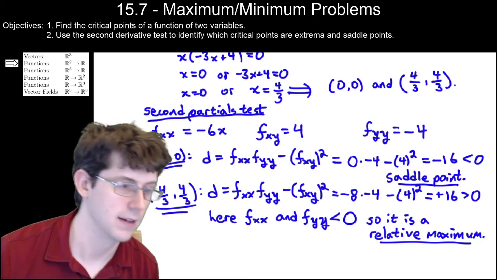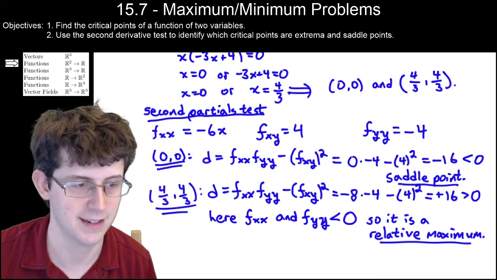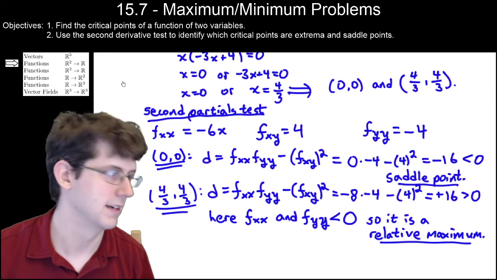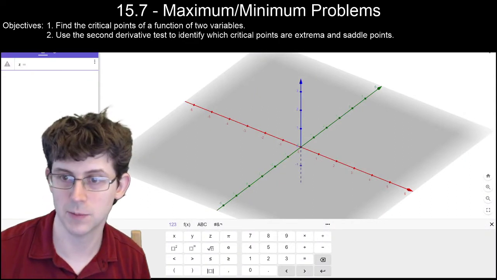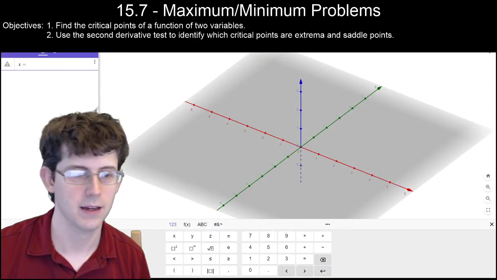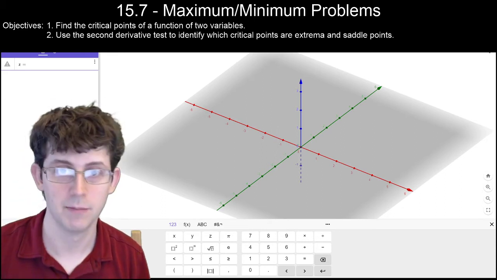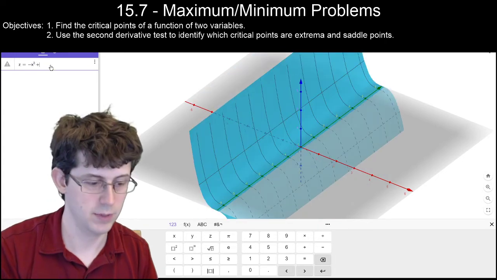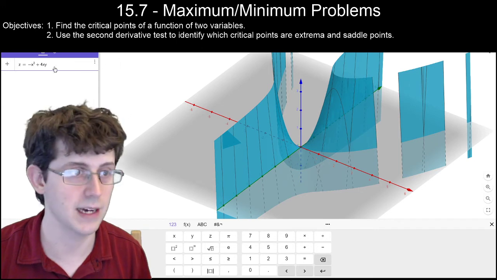Because we live in a world where we can just get a nice picture of the surface, let's use that fact. So I'm back on geogebra.org/3D. The surface was z equals -x cubed plus 4xy, oh dear, minus 2y squared plus 1.